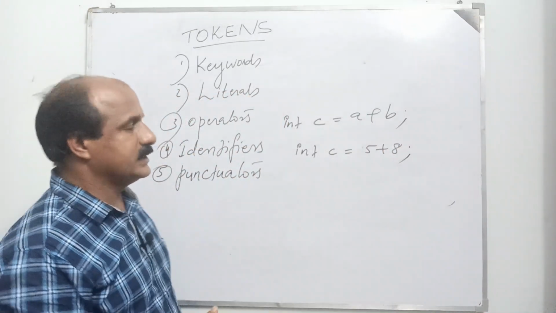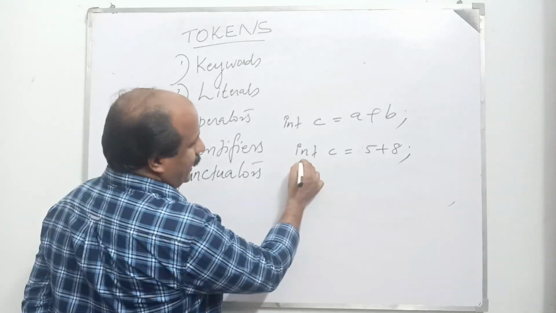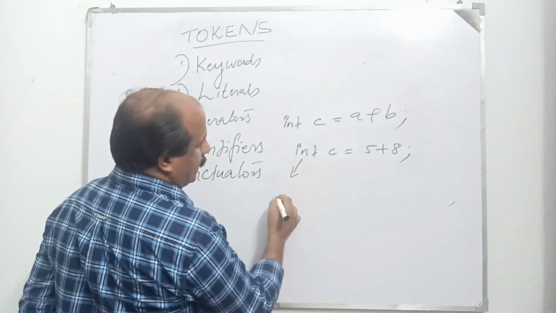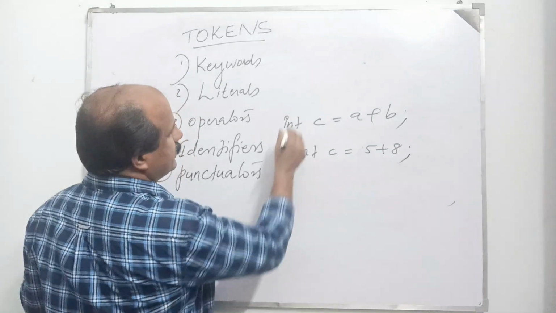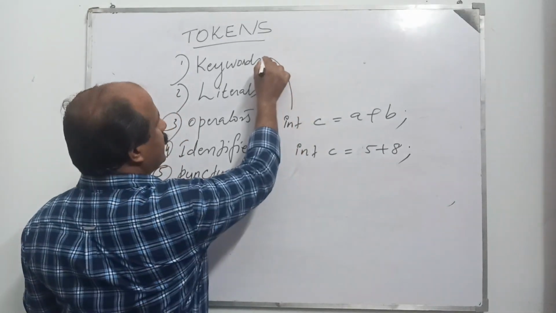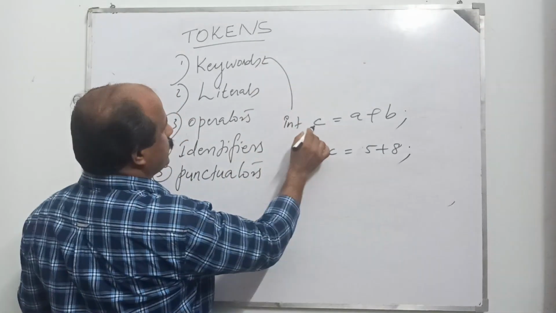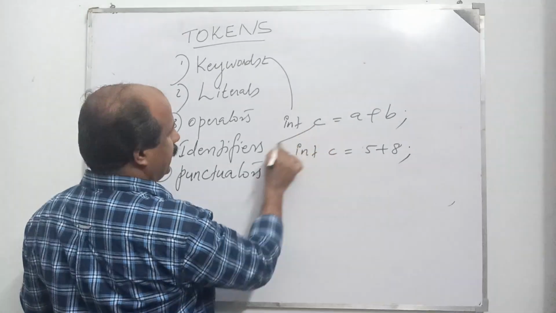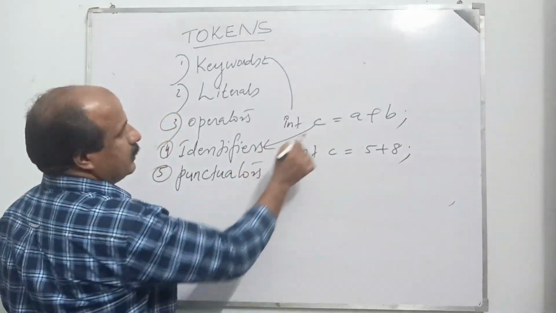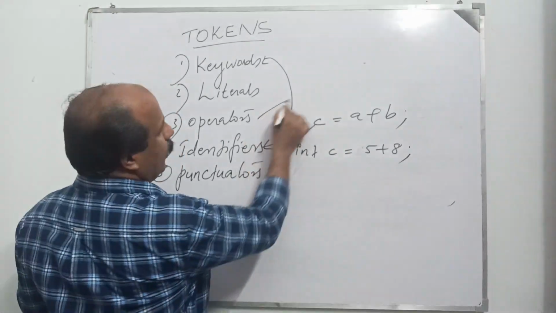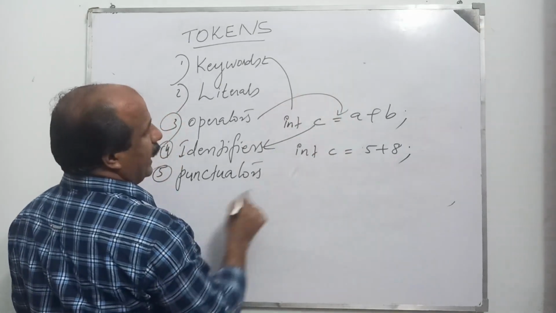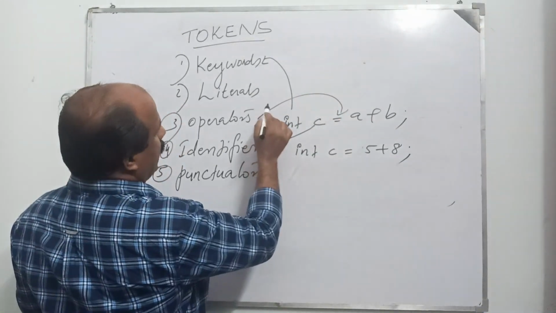These two are Java statements. You can identify each part. See, int is a keyword. Now c is an identifier. Now the equals sign is an operator, and a is a literal.